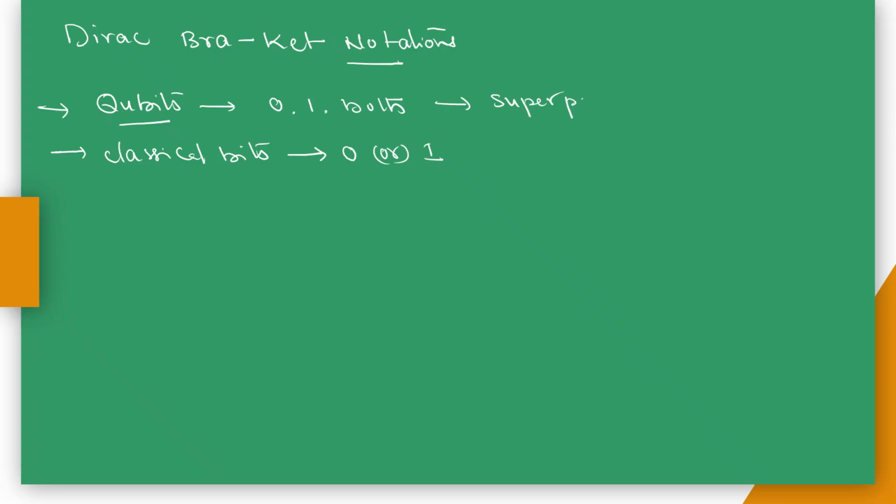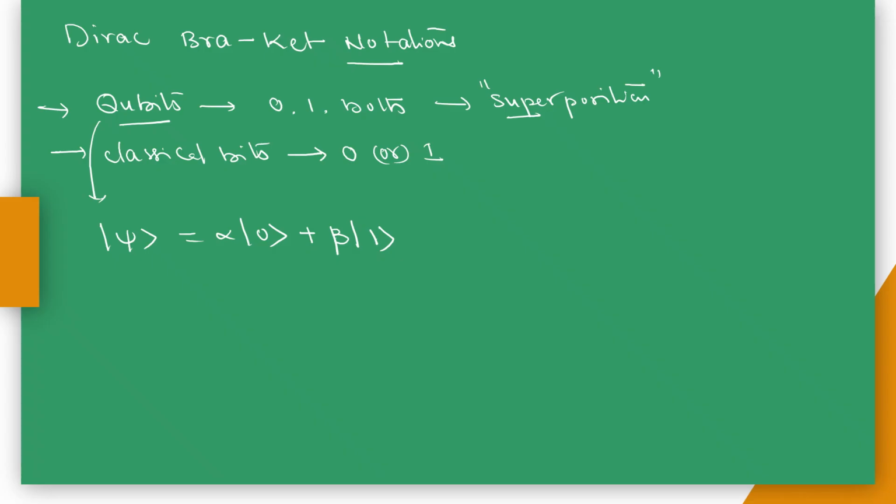The existence of multiple states simultaneously is called superposition, and that qubit can be represented as follows. For example, a single qubit has two base states, state 0 and state 1, and alpha and beta are the probability amplitudes.